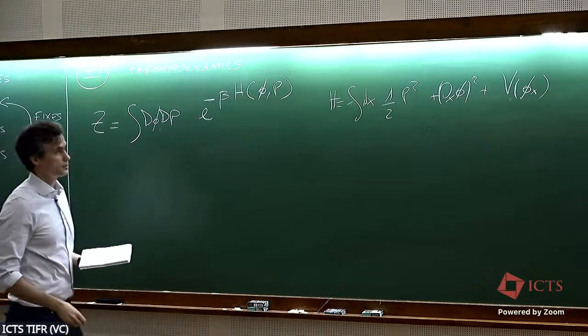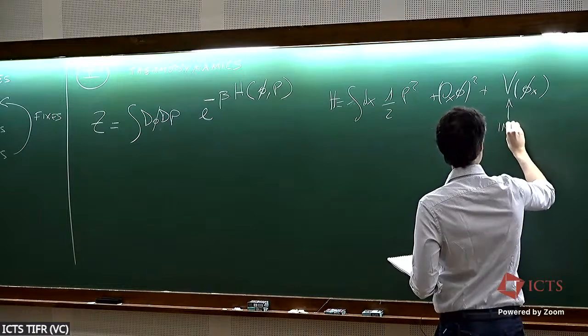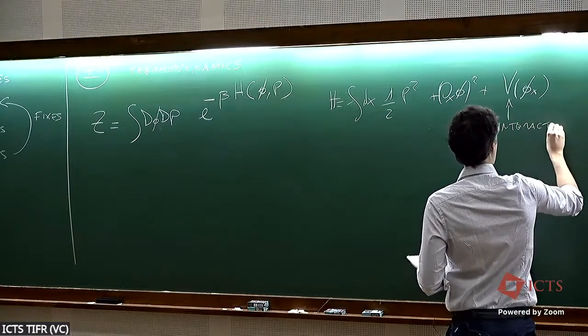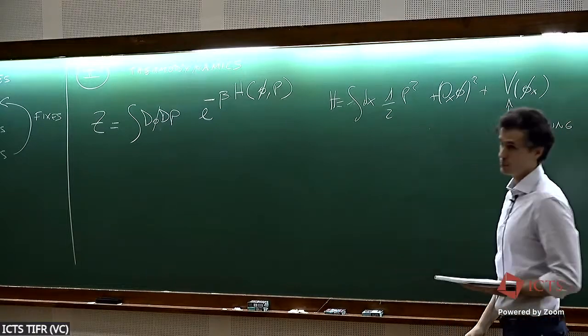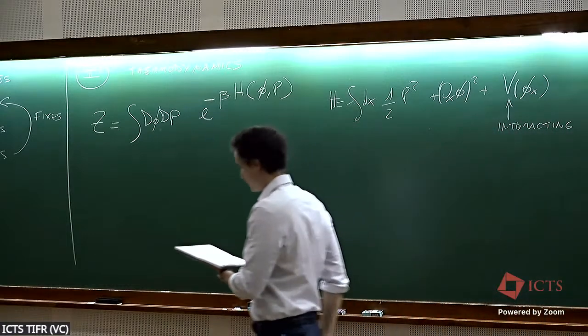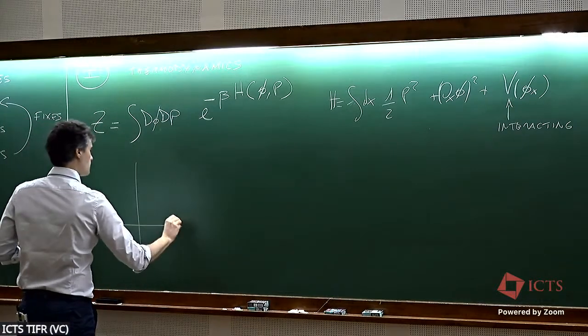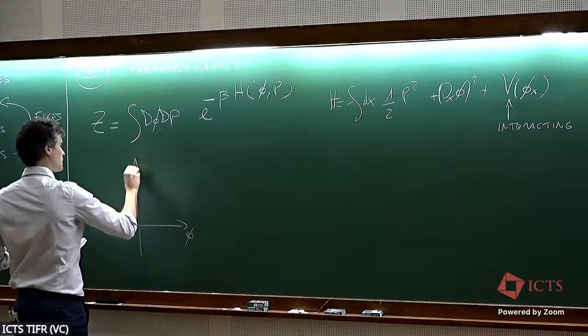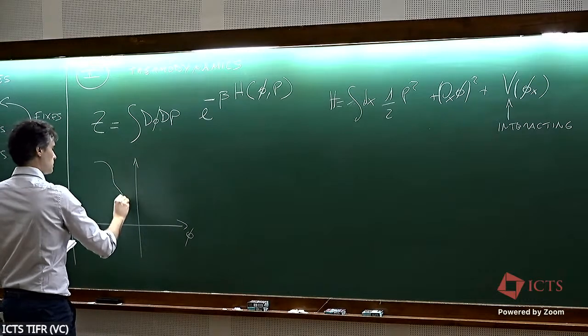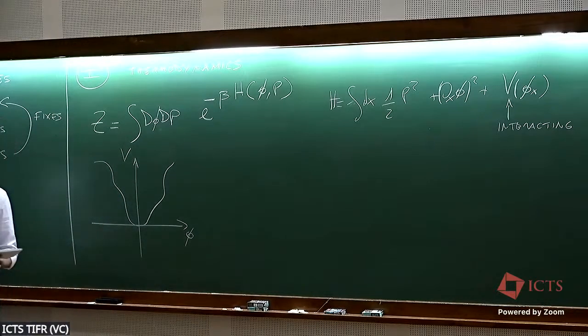Now, of course, since this is interacting, this is a very hard problem. In general, we do not know how to solve it exactly in full generality. But let me try to start doing something approximate. Imagine that I'm choosing some maybe complicated potential for the interaction that looks like this. Now, in general, no hope to solve it. It's fully nonlinear, it's very difficult.